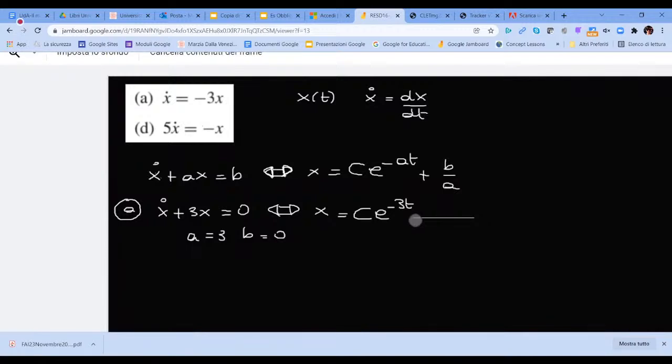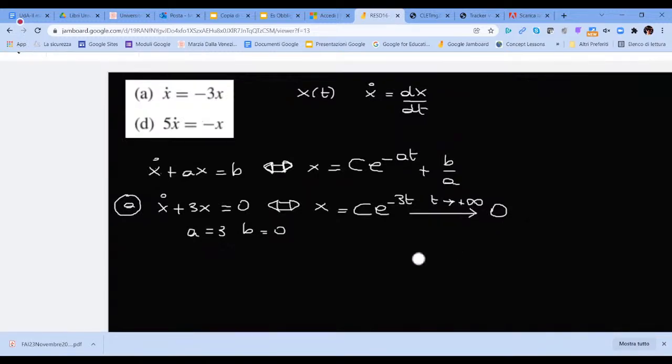If you want to compute the limit where t is approaching plus infinity, we have a that is negative. That means it is something that is going to 0.